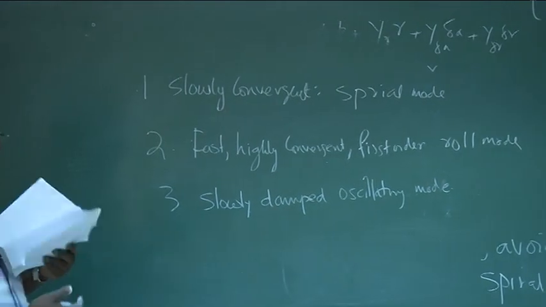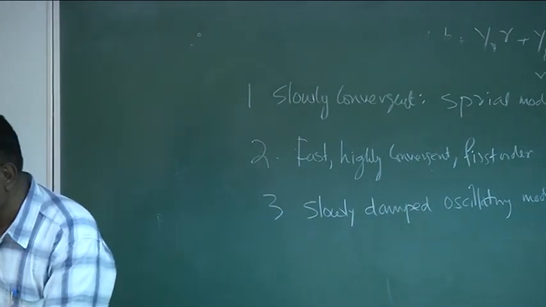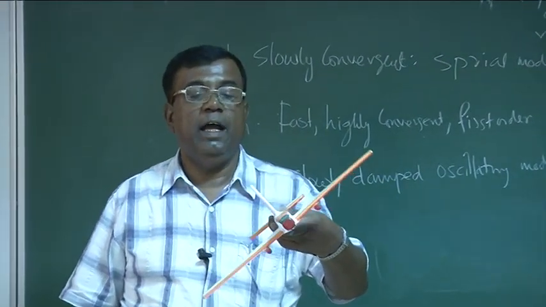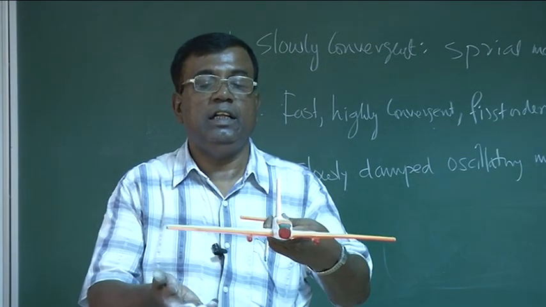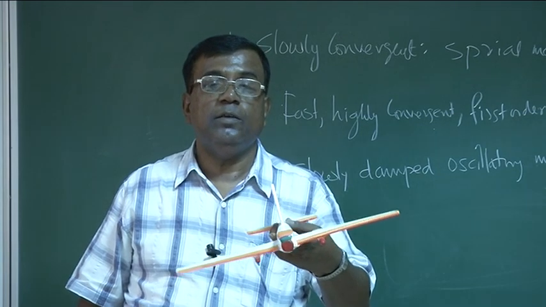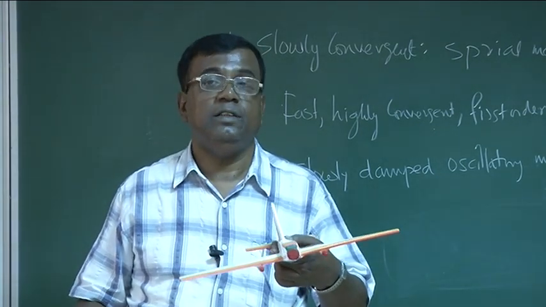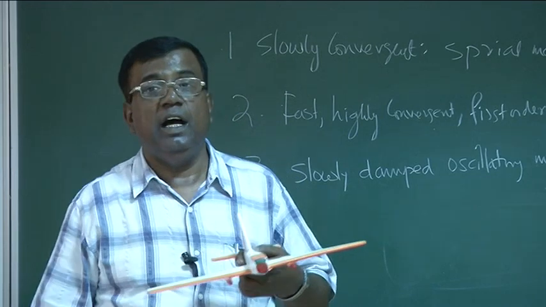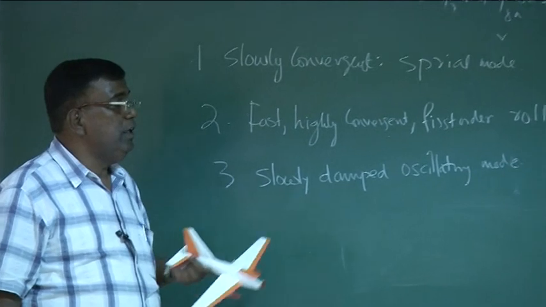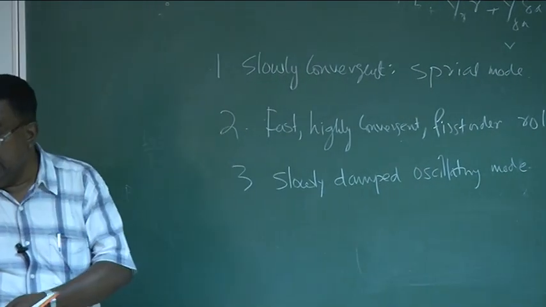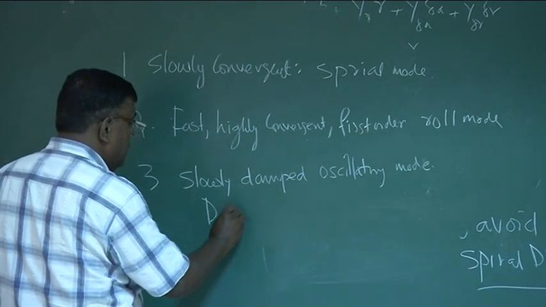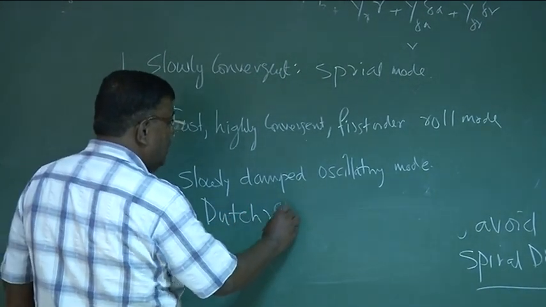The highly convergent one, you understand that because there is a huge wing, right? If there is a disturbance in the bank, this wing will give a lot of damping. It will try to come back, right? A lot of damping comes from the wing, and that is why it is highly convergent. The damping is very, very high with the presence of the wing, and that is the roll mode. And the third one is the slowly damped oscillatory mode. We typically call it Dutch roll mode or Dutch roll oscillation.